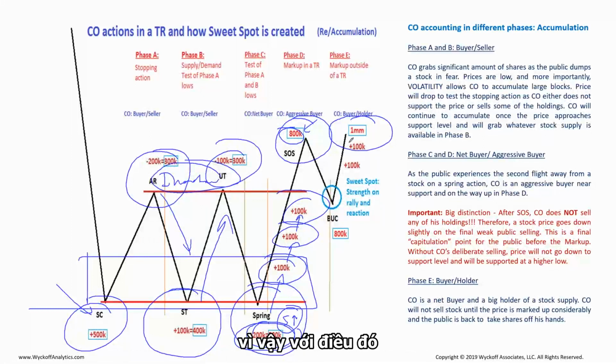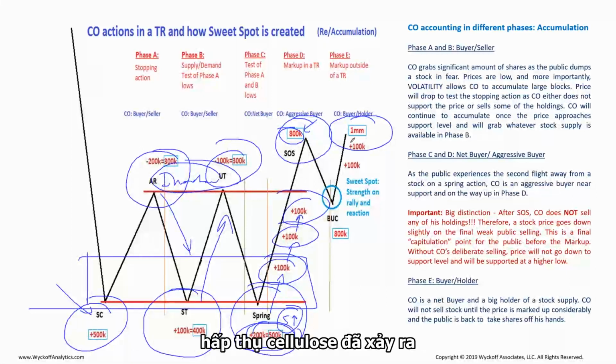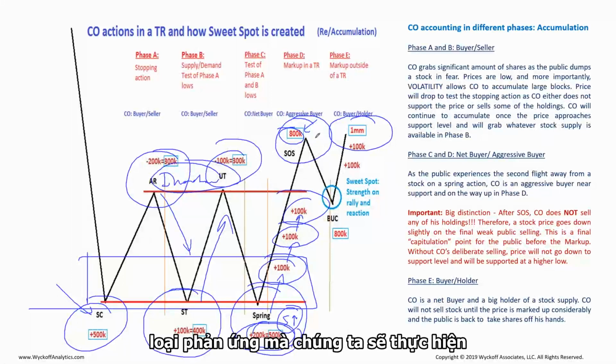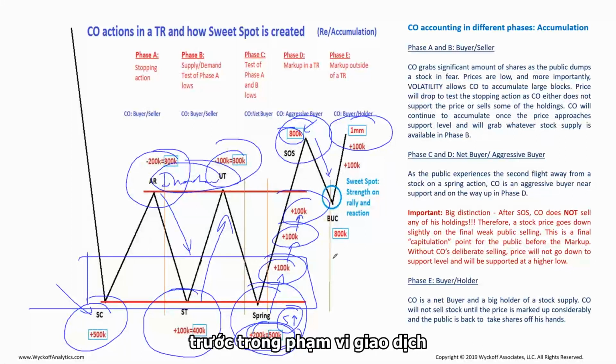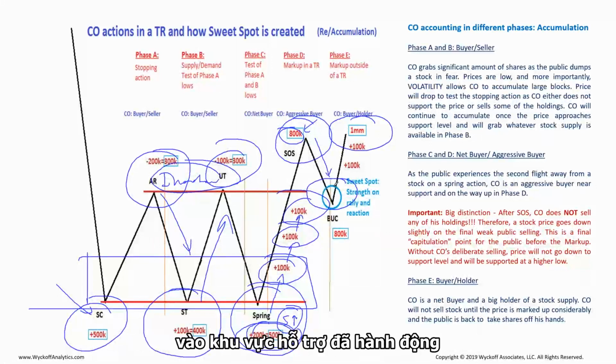So with that, as the absorption of supply and absorption of sellers has happened, what kind of reaction are we going to have here? Well, probably not of the same quality as we had prior in the trading range. We're talking about a smaller reaction that's probably going to come into the area of the support which acted before as the resistance.